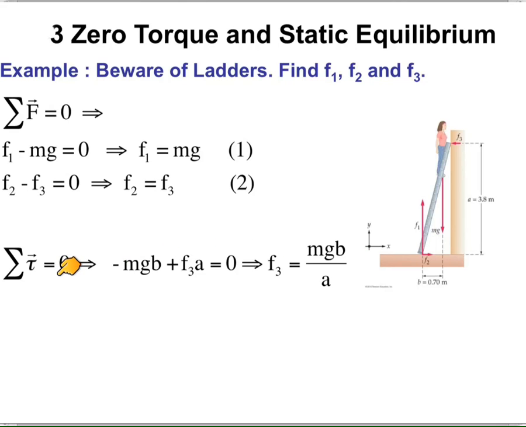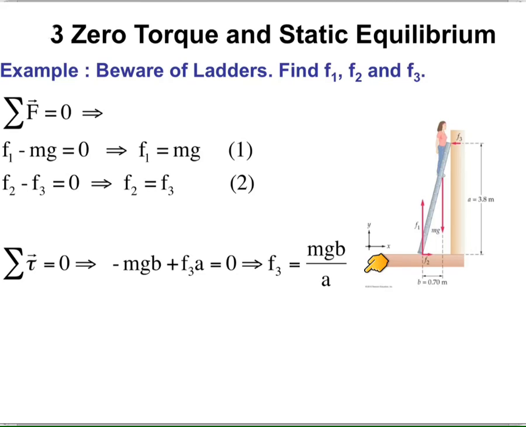Before you start satisfying this torque equation, you have to choose a rotational axis, a rotational point. Before you write down explicitly these torque equations, you can take any point. But of course, this point should be such that you are able to solve these equations easily.